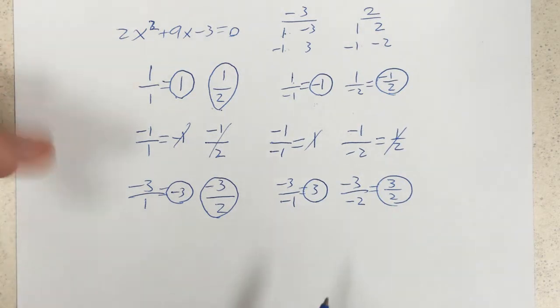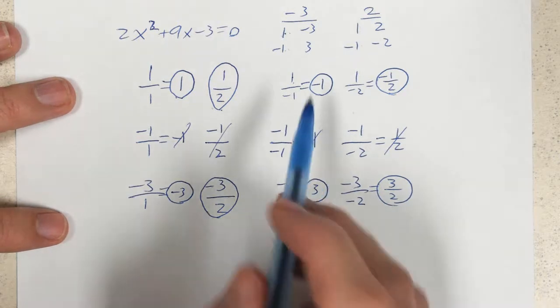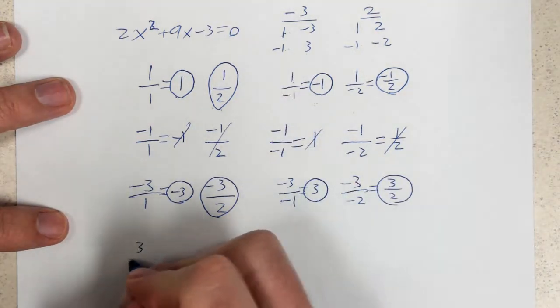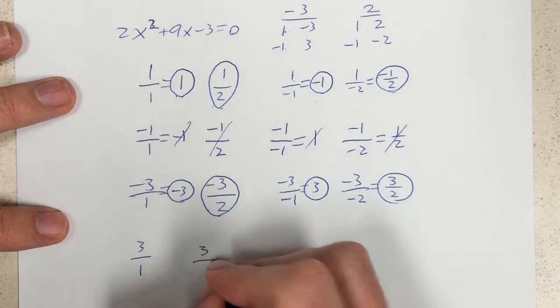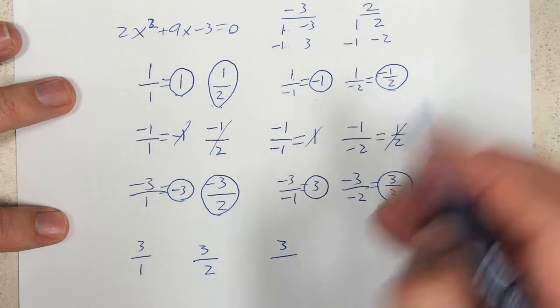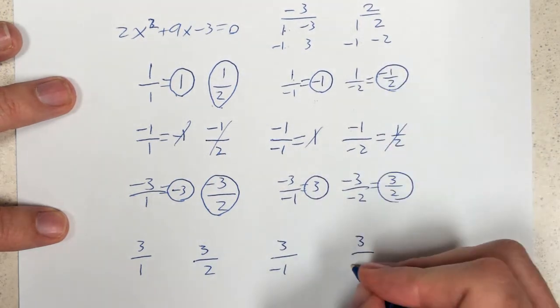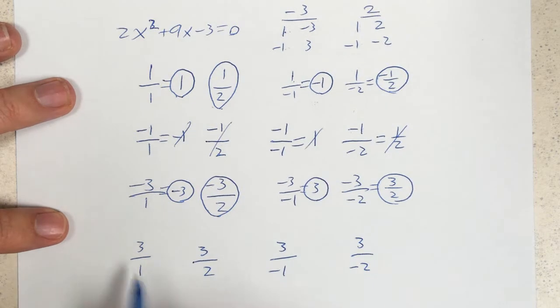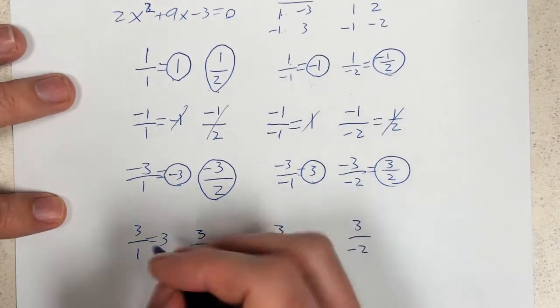And we're not done yet, but I already know that it's going to be just like this one, where it's going to be repeats. So if we graph 3 divided by 1, 3 divided by 2, 3 divided by -1, and 3 divided by -2. 3 divided by 1 is 3, so that's, again, not a unique solution.